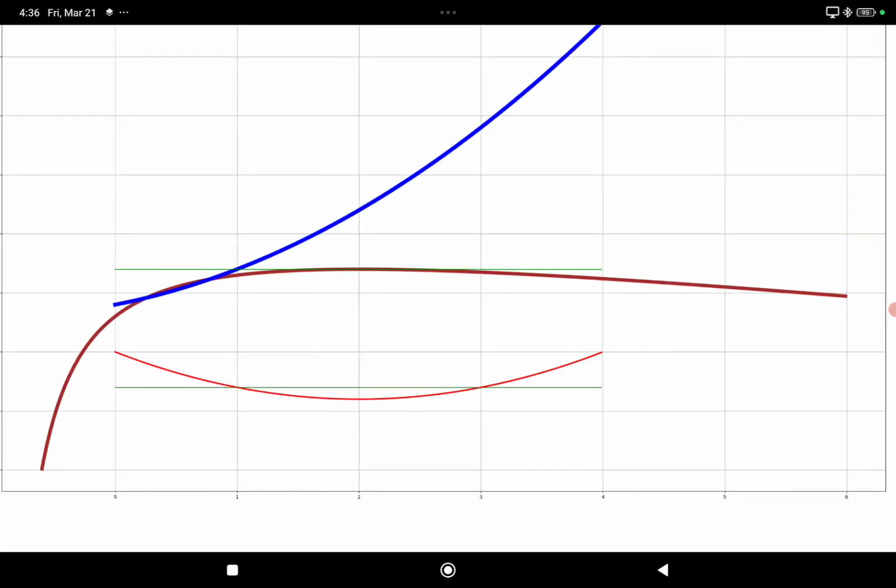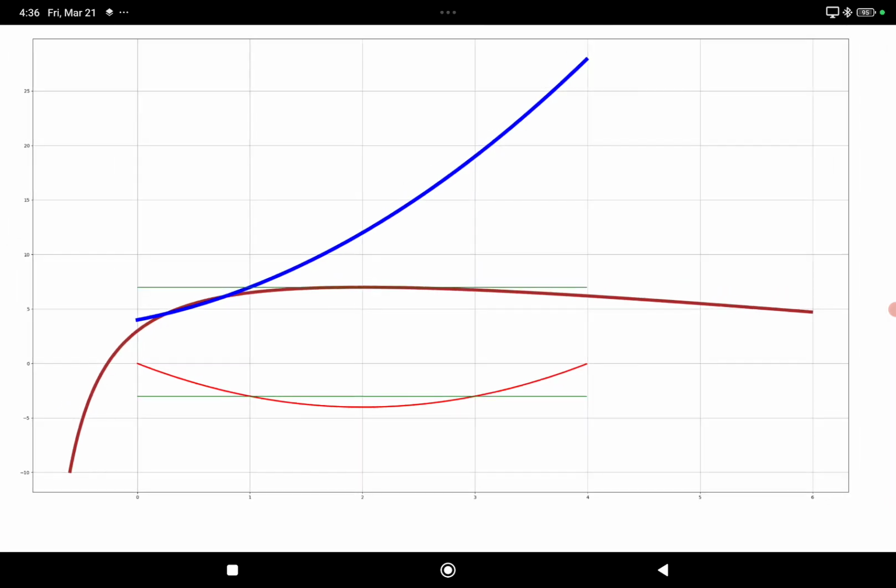The blue curve essentially represents the objective function. And the minimum value of the constrained minimum P star, that's indicated in the green line at the top.